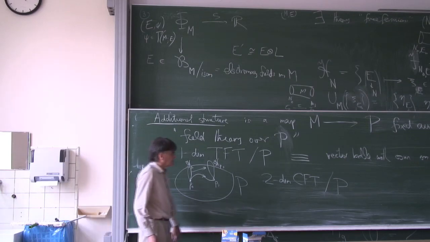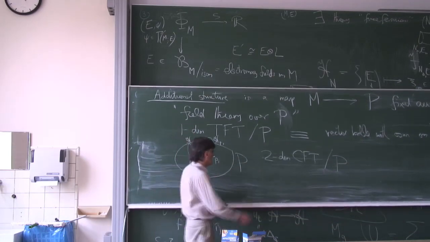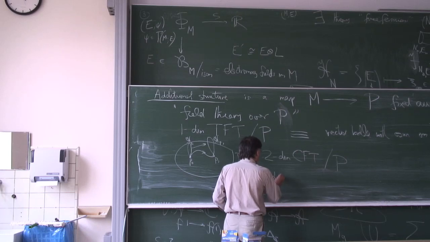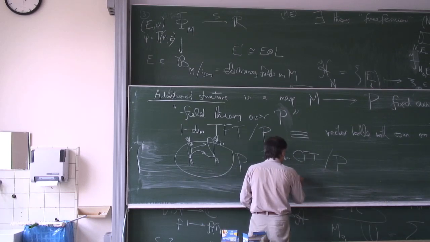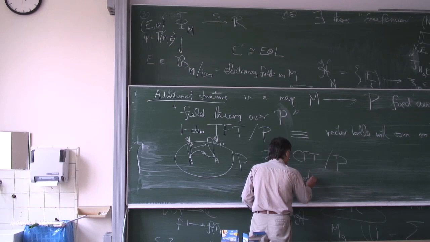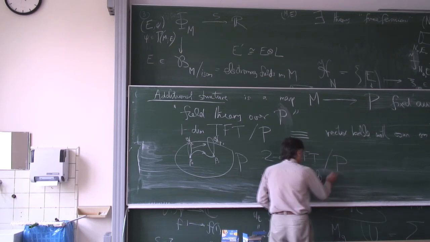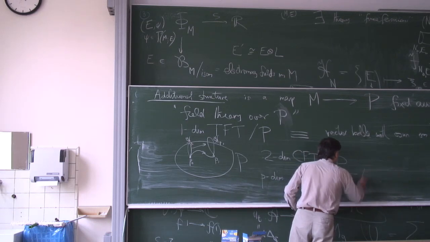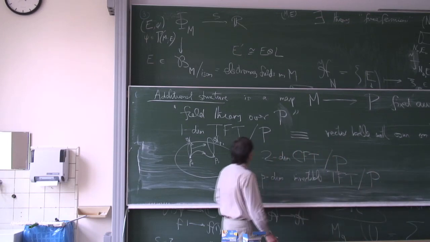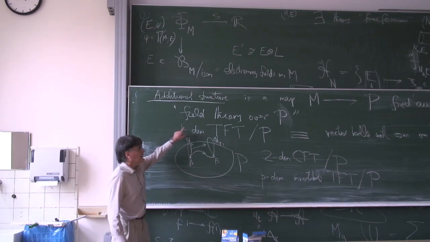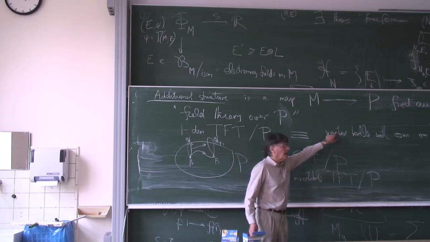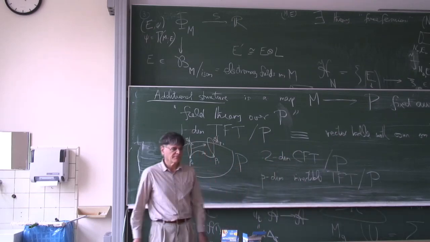But let me mention just one more thing. Let me mention the case of a p-dimensional invertible topological field theory over P. So when p equals 1, this is a complex line bundle with connection.